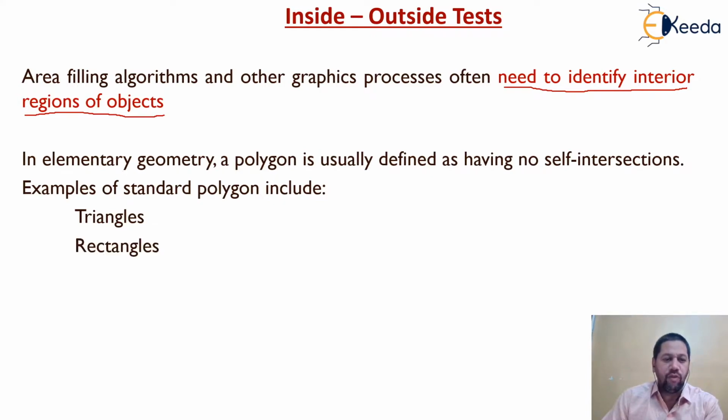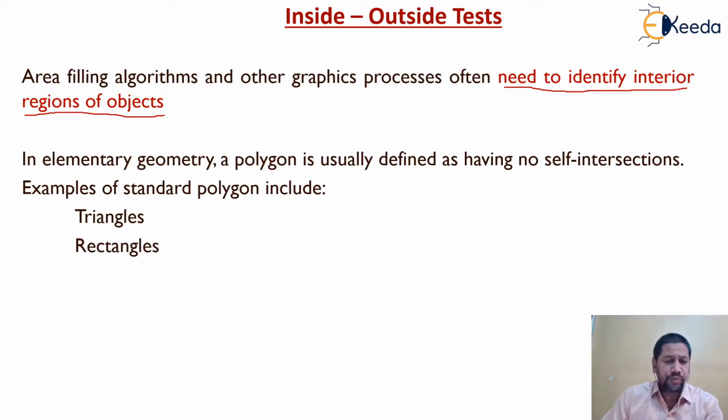Because accordingly we have to fill it with the color. If it is interior, or inside, we are going to fill it with the color. If it is outside, then we are not going to fill it with the color.